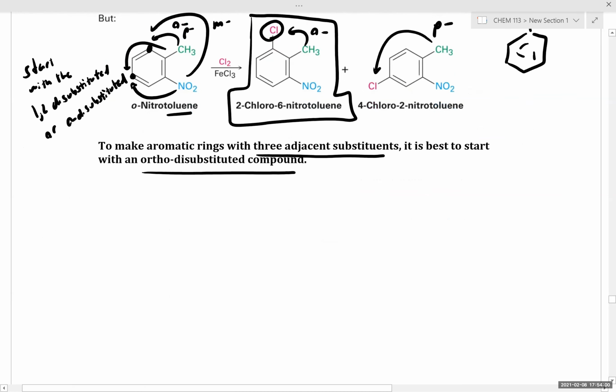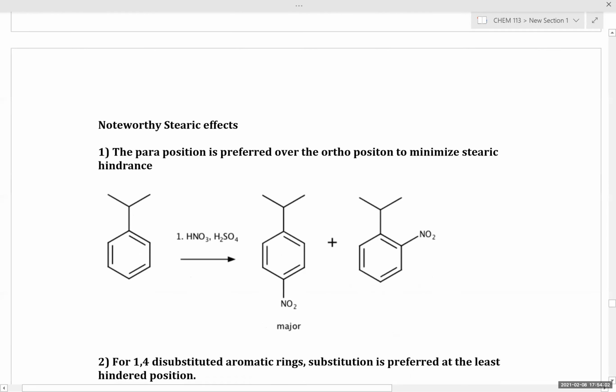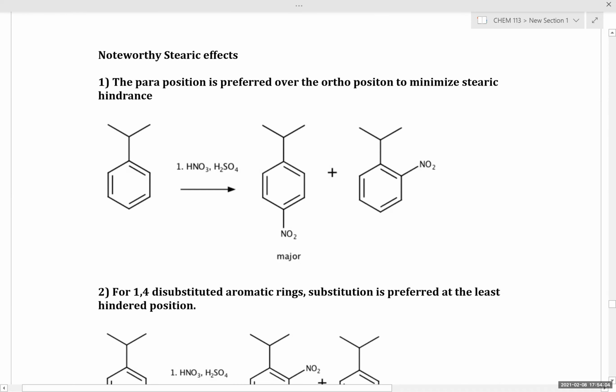Okay, so let's keep going then. And let's talk about some noteworthy steric effects. Similar to this idea that steric effects play a pretty big role in regioselectivity, the para position is inherently preferred over the ortho position to minimize steric hindrance. So this isopropyl group takes up space.